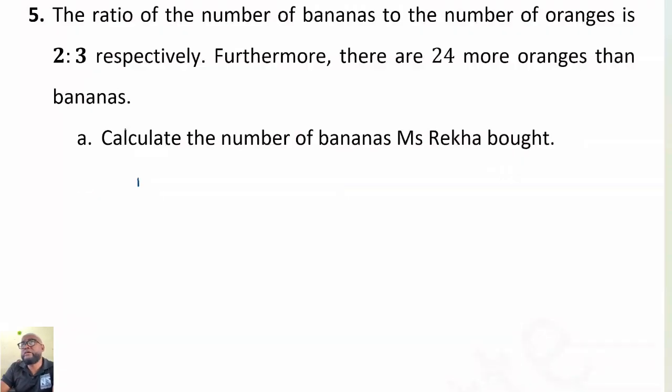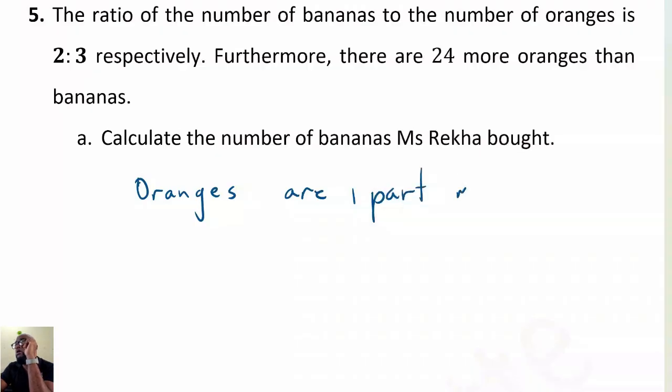So oranges are 1 part more than bananas. The beautiful thing is, you have the video, you could go over it. Everybody good there?